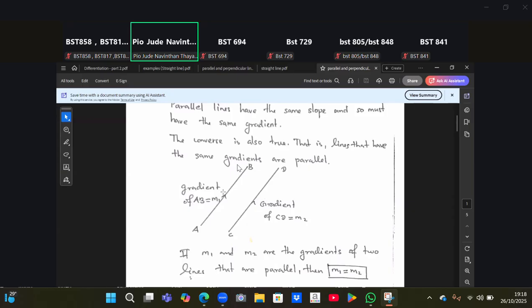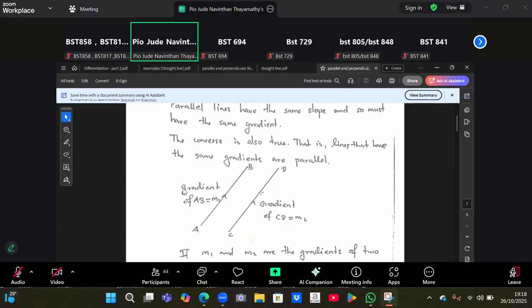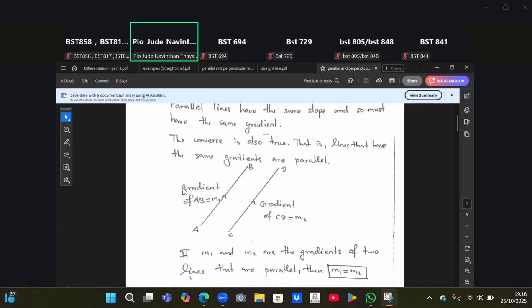It may be both parallel. Parallel means the two lines will not cut, not the x or y axis. They can't cut. Parallel means it will go straight to somewhere.